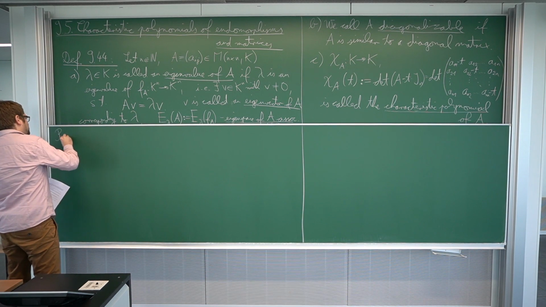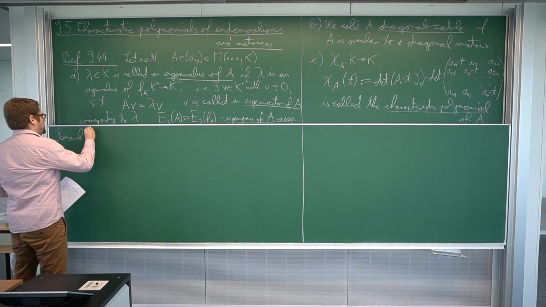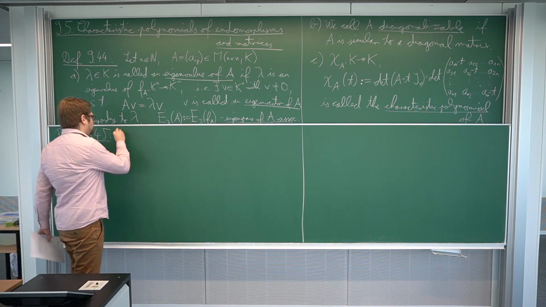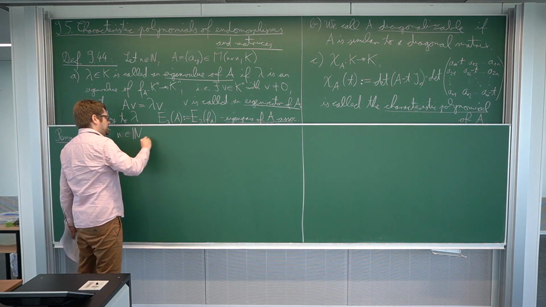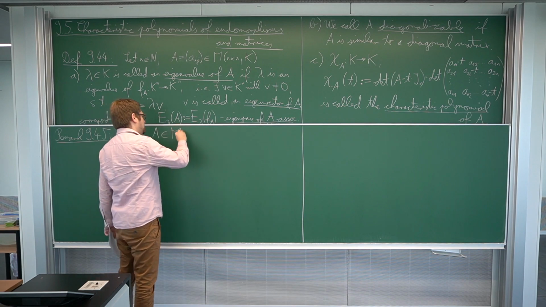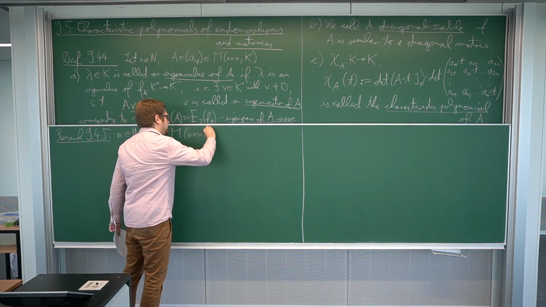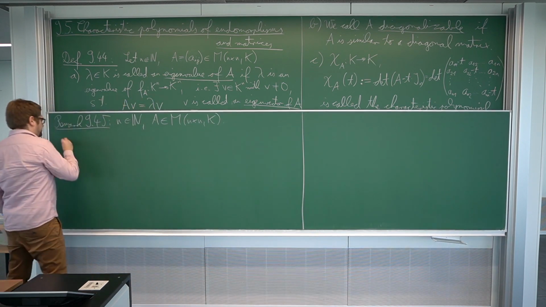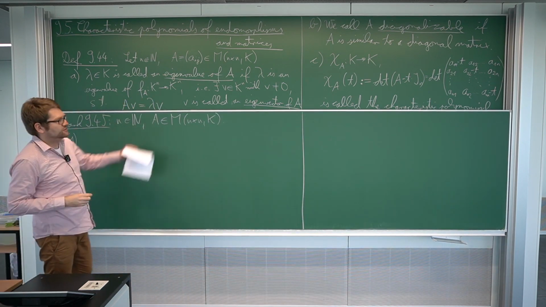So this first of all requires some remarks that follow quite directly from the definition. Let n be in the natural numbers, and let A be an n by n matrix over K. First of all, I've already explained this with the similarity of the matrix.